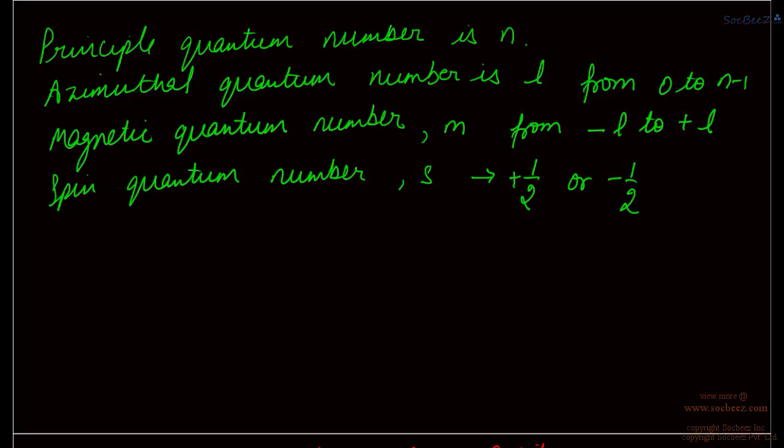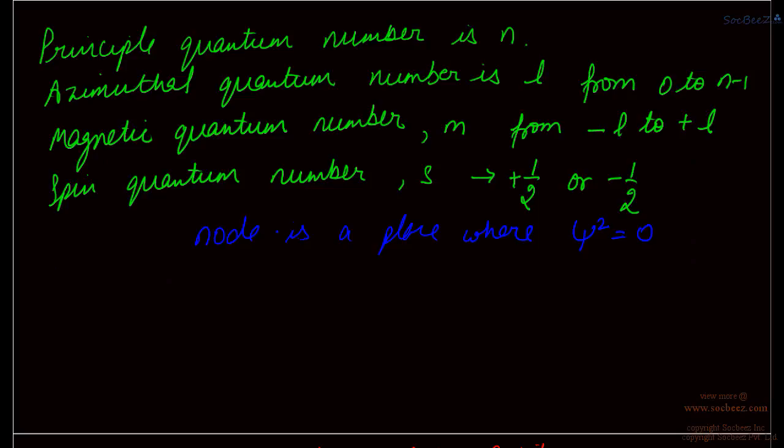So, we know that a node is the place where the probability of finding the electron is 0. If we consider ψ, a node is a place where ψ² equals 0, that is, the probability of finding the electron is 0. ψ is the wave function of an electron and represents all the characteristics of that particular electron. So a node is the place where the presence of the electron is 0 in all respects.